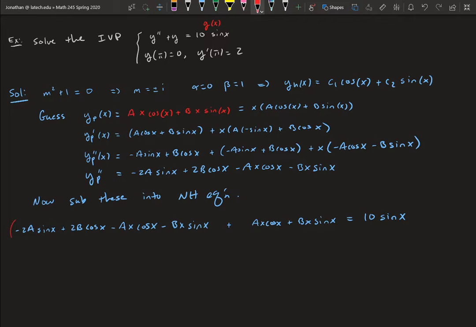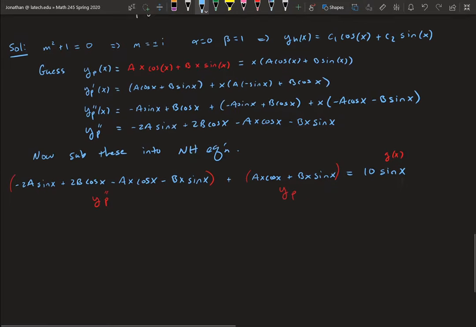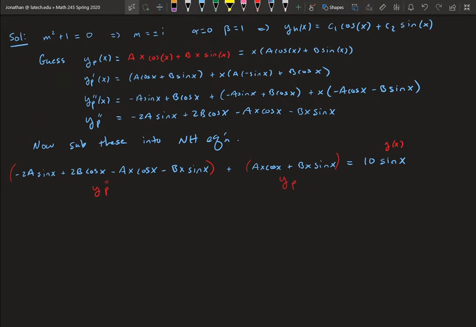The right-hand side is our g of x. So that is our differential equation with our particular solution substituted in.